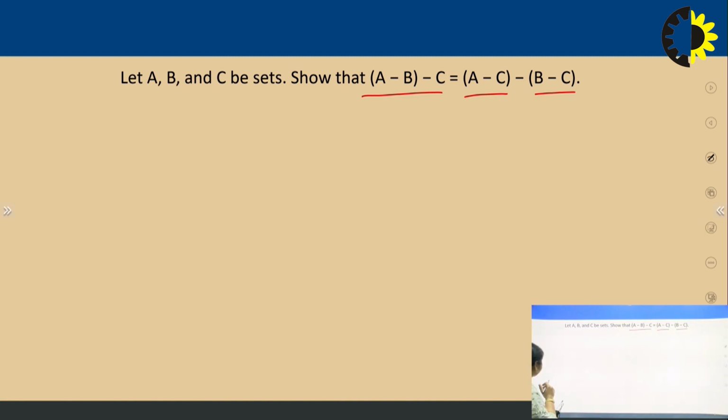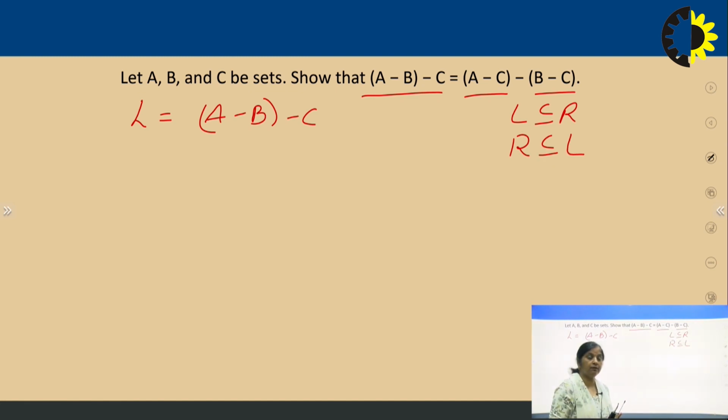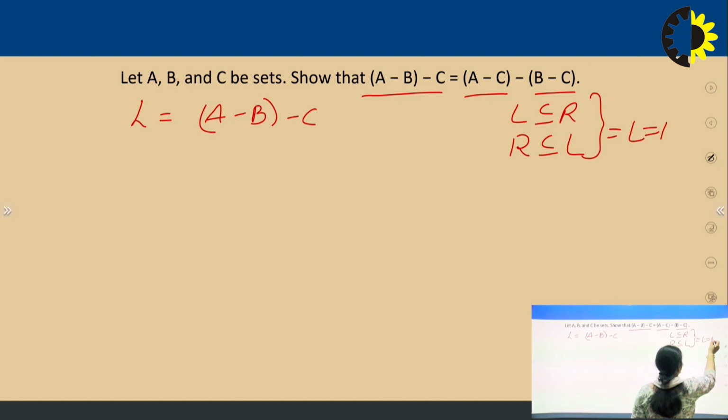Let me take the left hand side as L. What I am going to prove here is L is a subset of R. The reverse can be easily done with reverse steps, that is R is a subset of L. L is my left hand side expression and R is the right hand side expression. From these two we can say that L is equal to R.